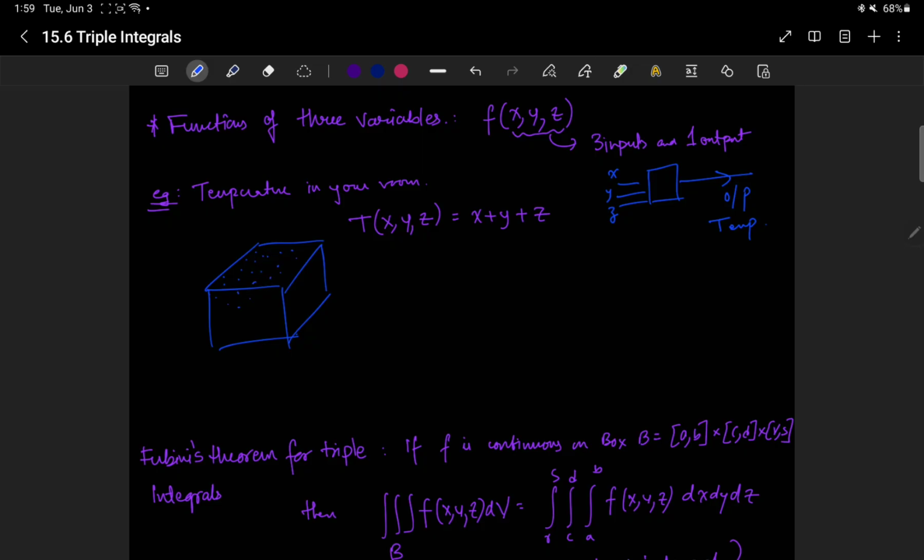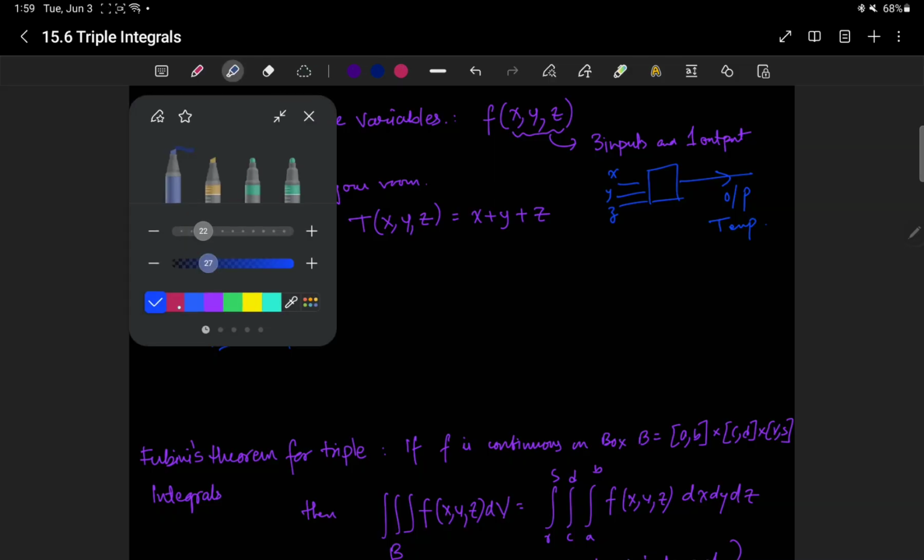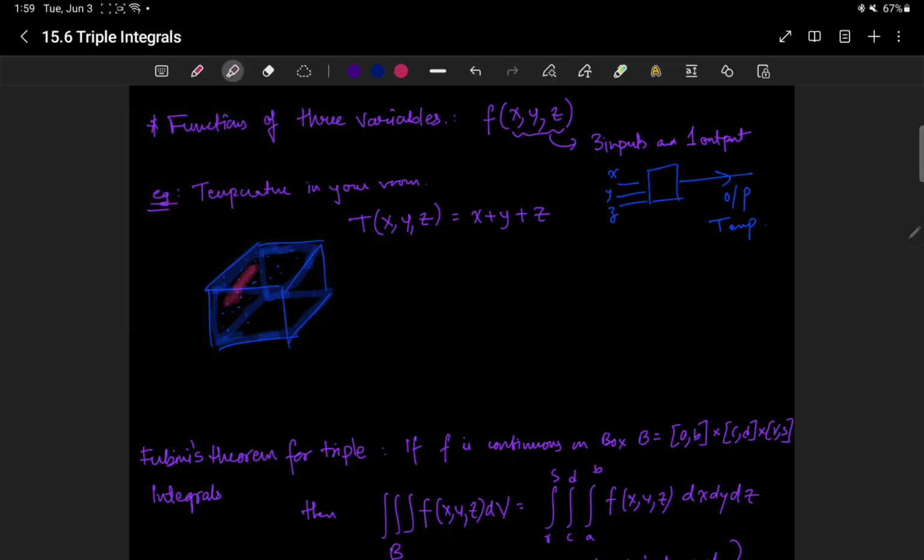This is one way to visualize it, if I take a sort of gradation. Let's suppose that in your room it's cooler on the corners over here, and then as you get in, it's warmer, and it's really warm at the center.